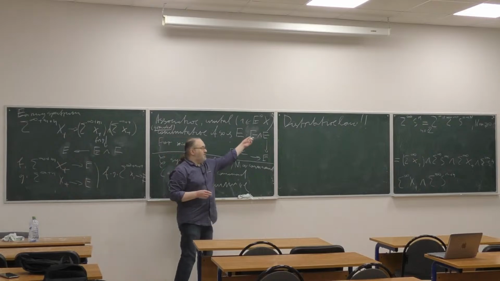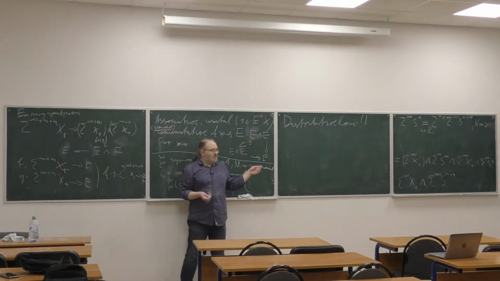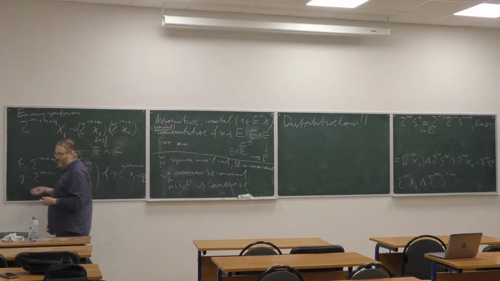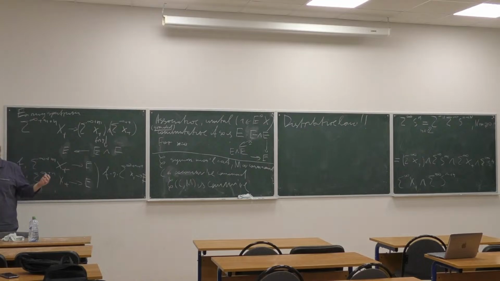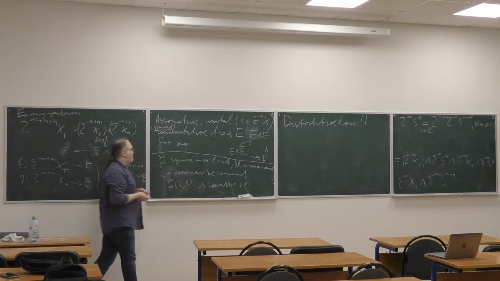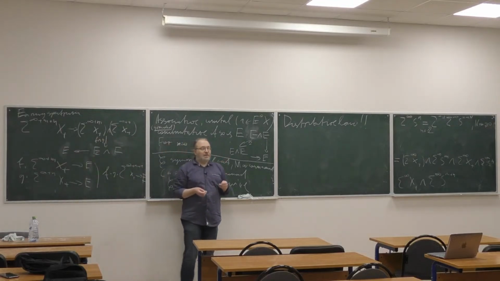Which basically means that A plus B multiplied by C is AC plus BC. Okay, so we do indeed get a commutative ring.